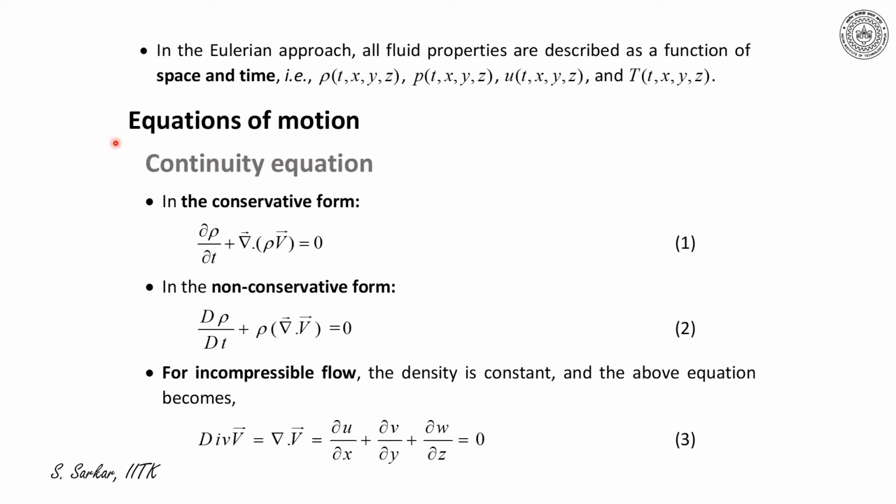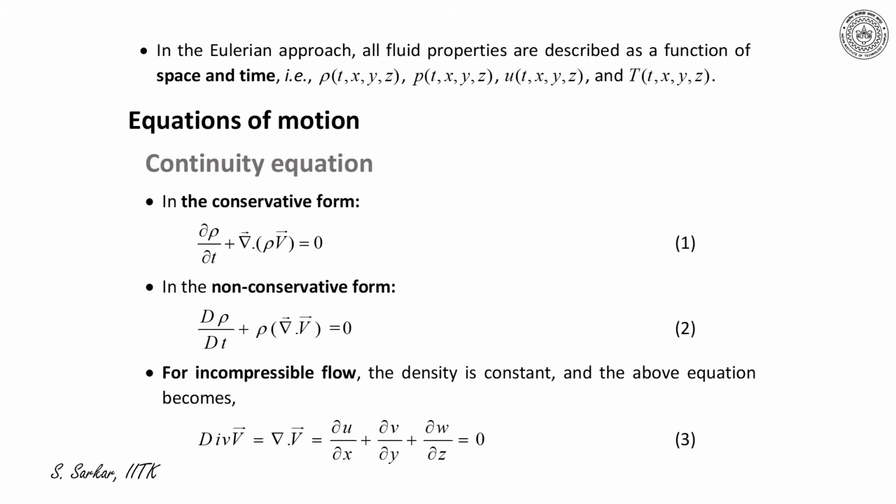Now I'll describe the equations of motion. I'll initiate with the continuity equation. The continuity equation can be put in the conservative form and non-conservative form. In the conservative form, the equation is ∂ρ/∂t plus ∇·(ρV) is equal to 0.